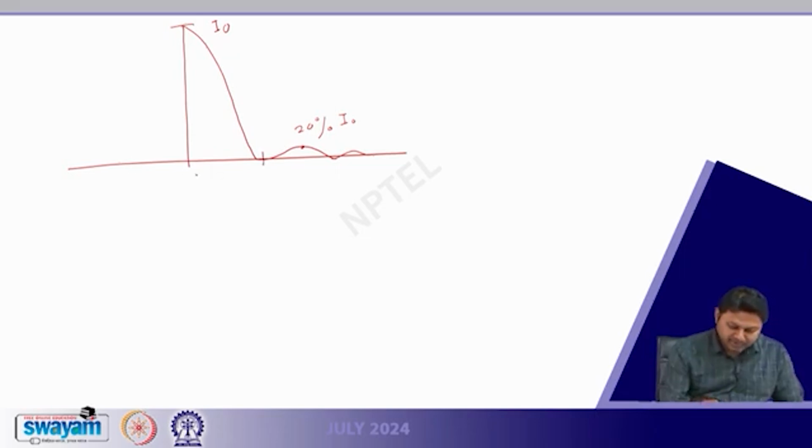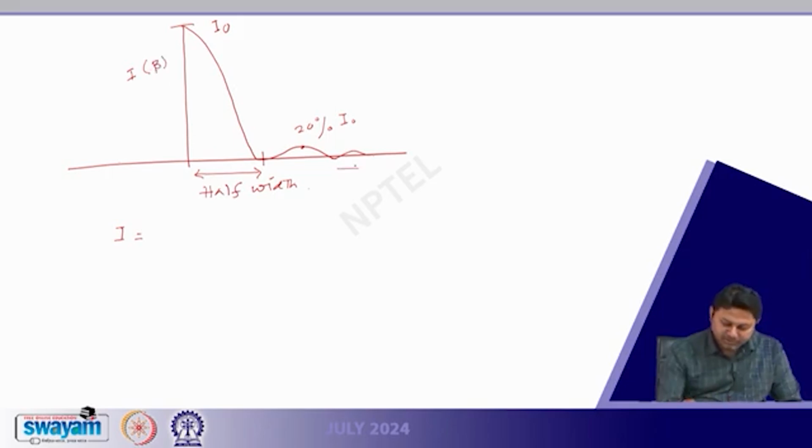Next, one thing I need to calculate is the width of this principal maxima. This point from here to here is called the half width. What we calculate is the beam width, whatever beam we have. So, I, which is a function of beta, is distributed in this way.